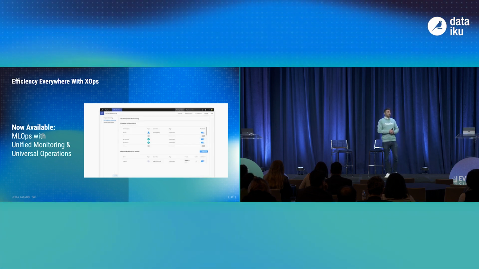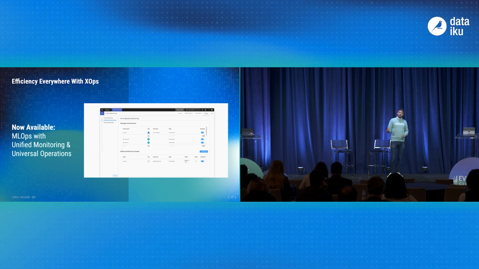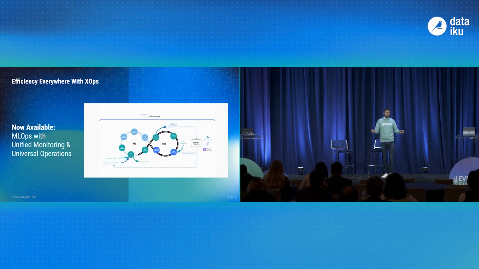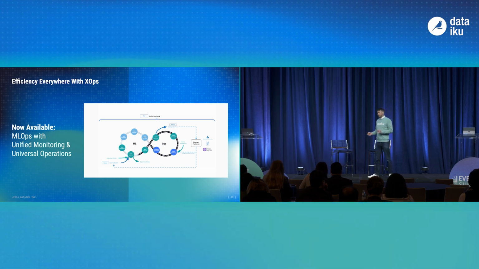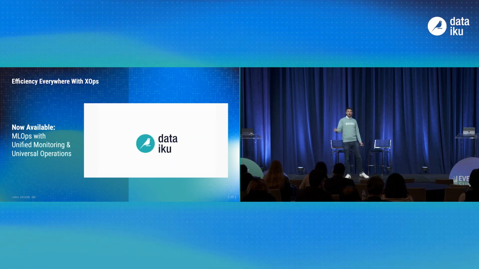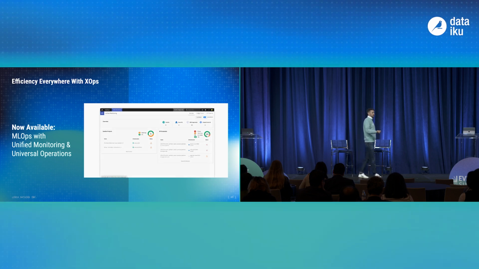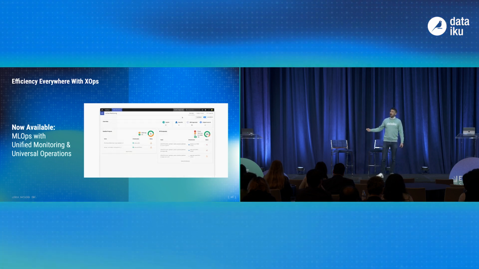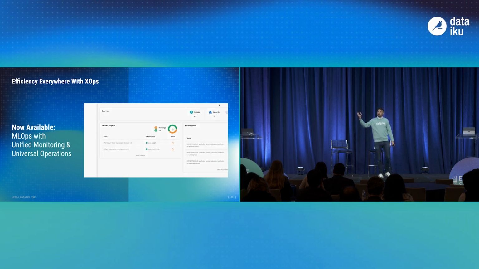In addition to being able to deploy models anywhere, Dataiku has now included the ability to track models that are deployed outside of it. So let's say I have that same example. I have some models being developed in Databricks, some models being developed in Dataiku, maybe somebody's writing a Jupyter notebook somewhere, and we're deploying all of them onto SageMaker.